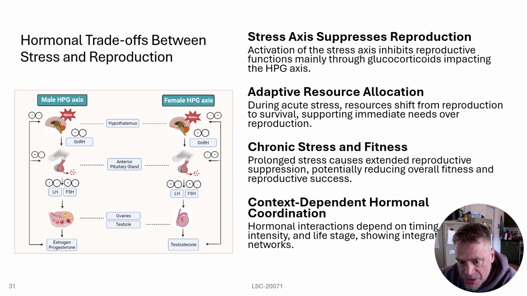So this is actually really bad news if the stress responses are activated for such a prolonged time that it can't reproduce. Then that's going to be pretty bad news for the animal, and it needs to be context-dependent hormonal coordination, and just have the appropriate thing for the appropriate time.